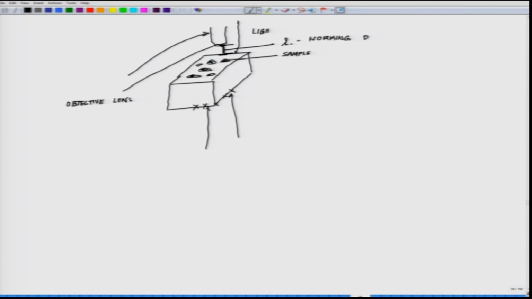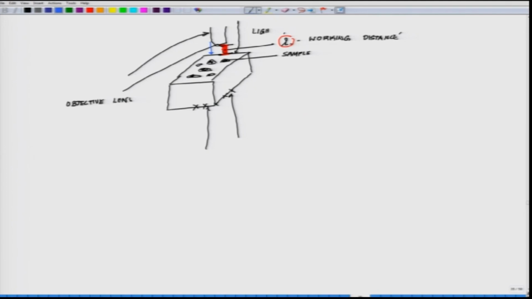Why is this critical? Because most microscopes have a very short working distance. That means if L is very small, then the microscope objective has to come very close to the sample.